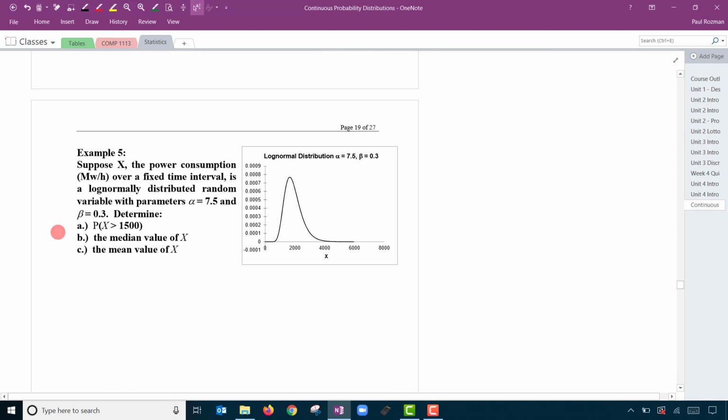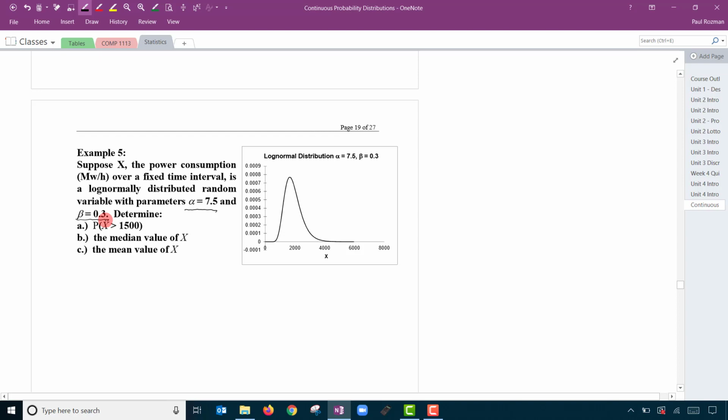Here's a little example. We have power consumption over some period of time is a log normal distribution random variable. So the power consumption is megawatts per hour. And I guess we've been studying this process for a while. We've been able to come up with the parameters for alpha and beta.